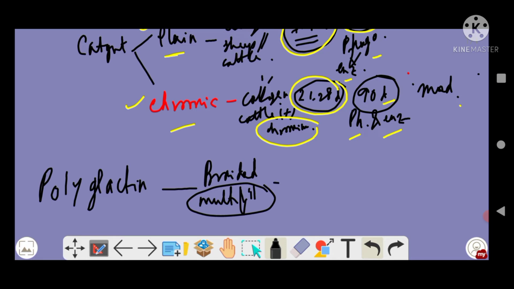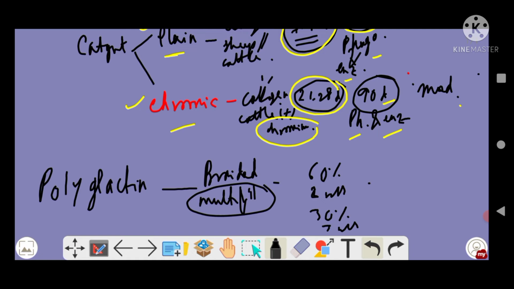Just for completion's sake, I am mentioning that the raw material is lactide and glycolide in a ratio of 90:10. Now the tensile strength: approximately 60% remains for 2 weeks, and 30% will remain by 3 weeks.